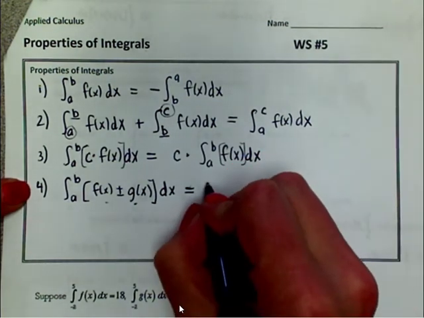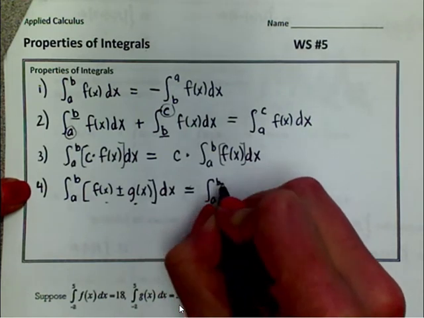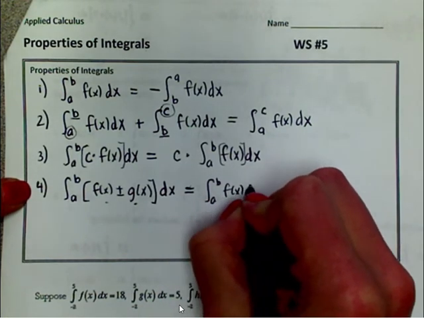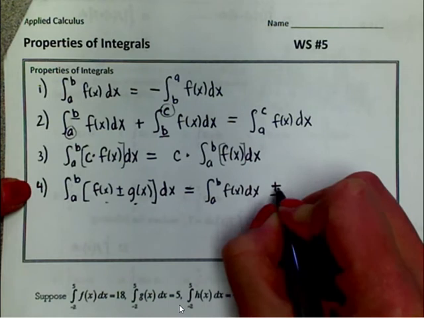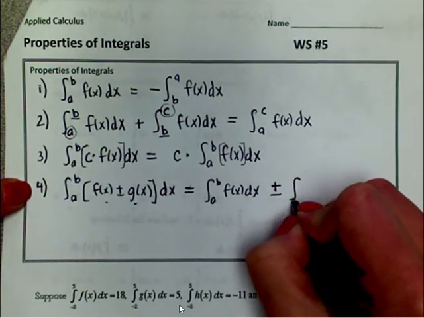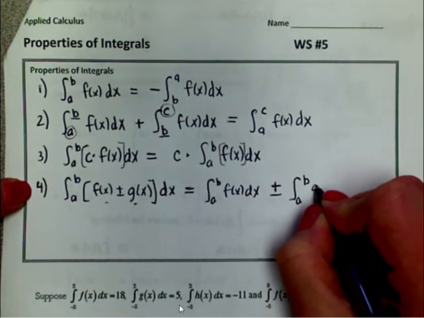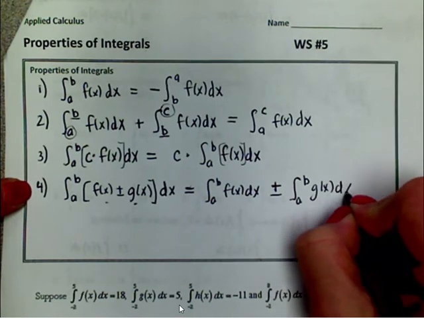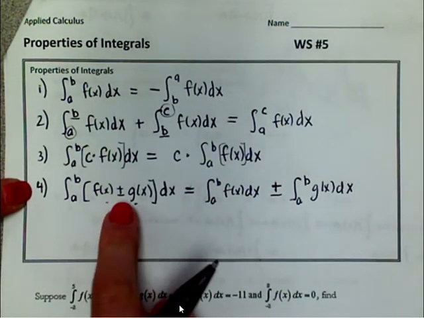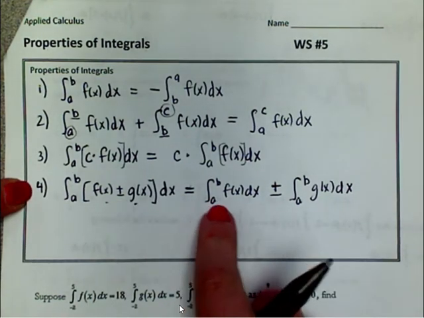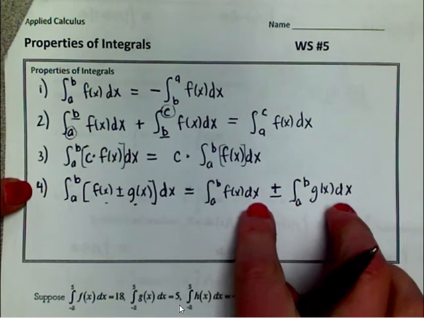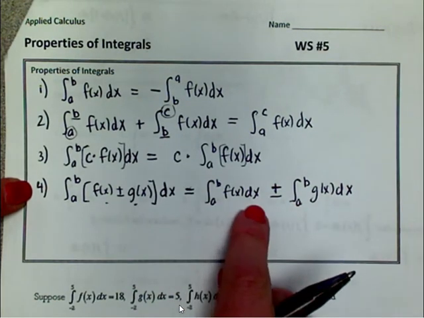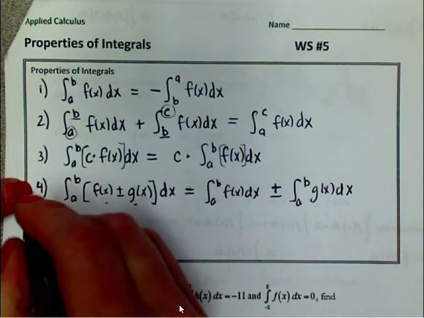We're going to do the same thing with the integral. From a to b, f of x dx, plus or minus the integral from a to b, g of x dx. Separate a to b, dx. So we have the beginning and the end, and then the f of x in the middle.